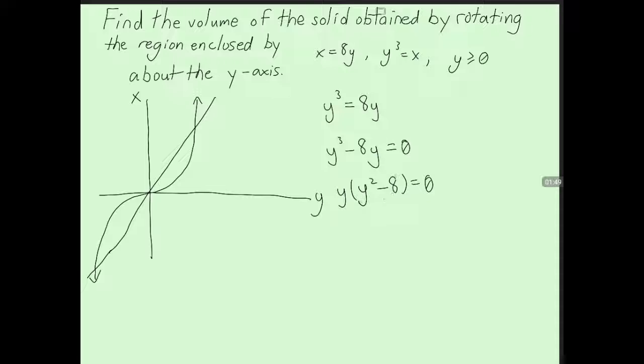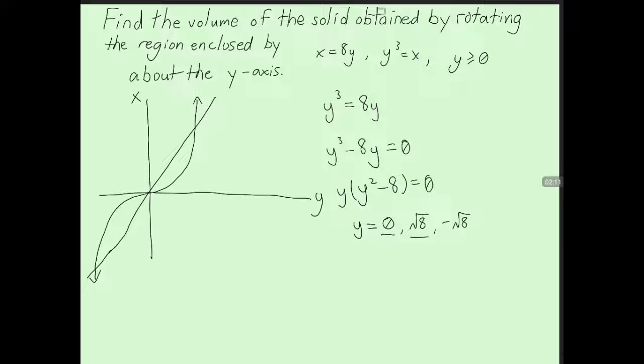So we know from this that y has to be either equal to 0, positive root 8, or negative root 8. The only ones that we are concerned about are 0 and positive root 8 because we know that y has to be greater than or equal to 0.